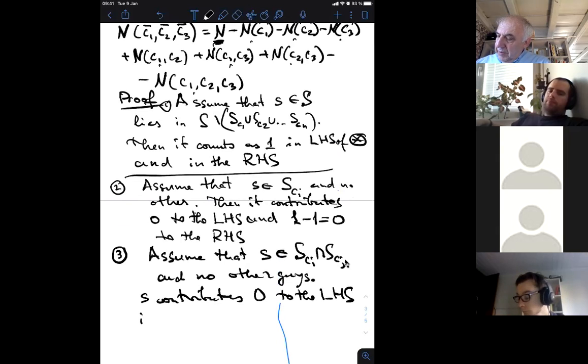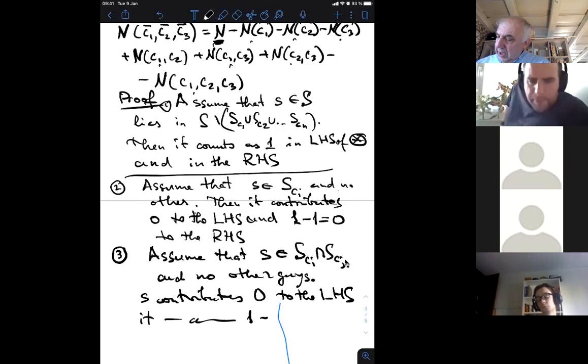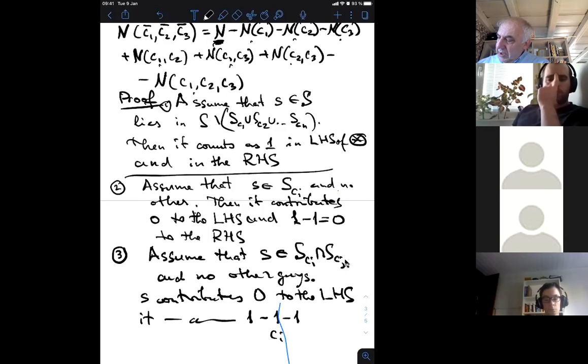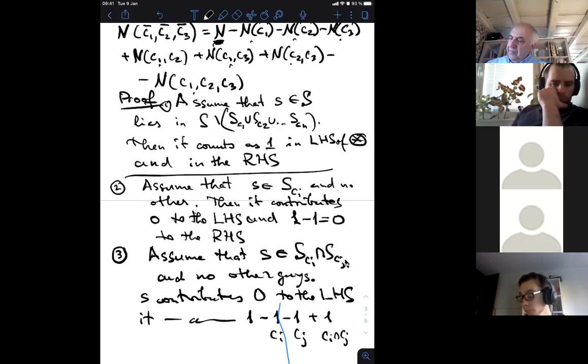Now it contributes 1 to n. It appears twice in S of Ci and S of Cj, so we subtract it twice, -1, -1. So this is Ci, Cj. And now it appears still once in the intersection, which comes from Ci intersected with Cj. So the total would be 0 again.